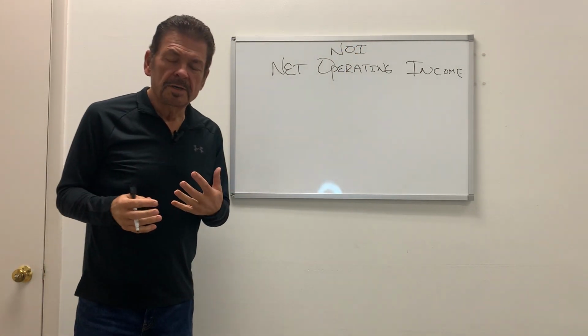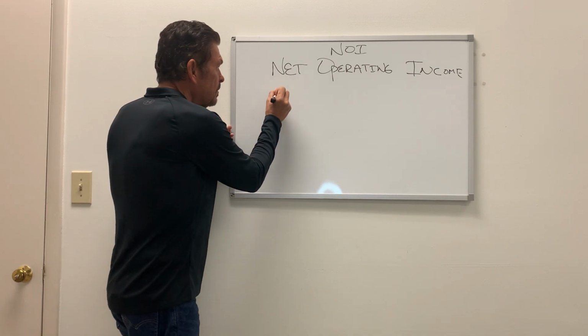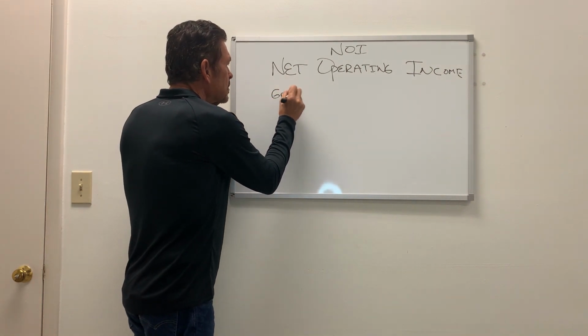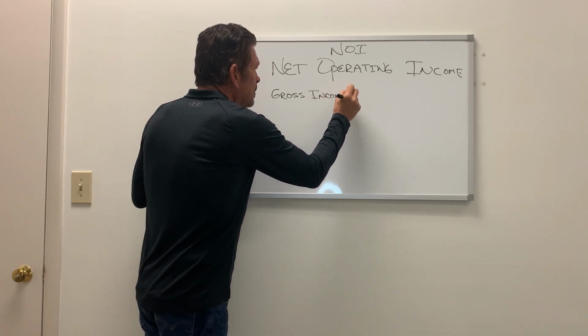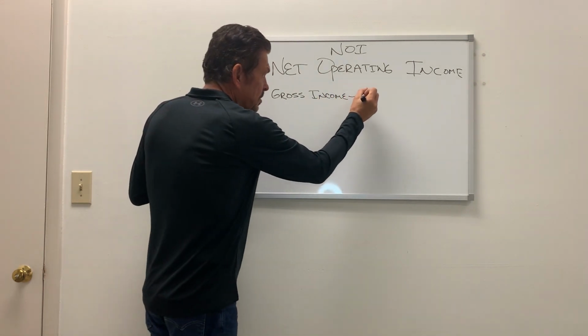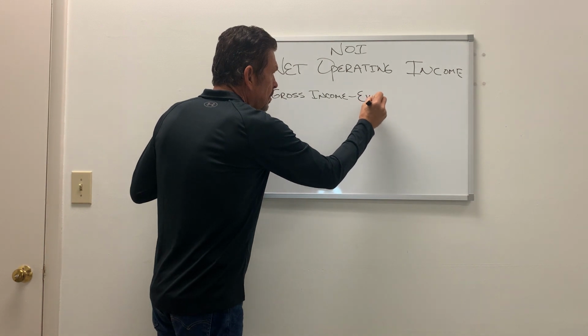Now, your net operating income is your gross income from the property minus any expenses that you incur.